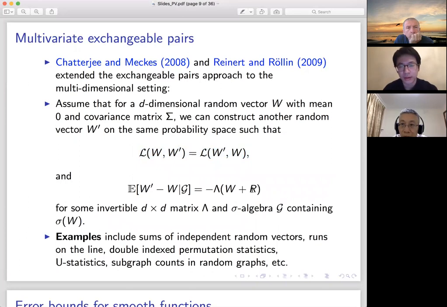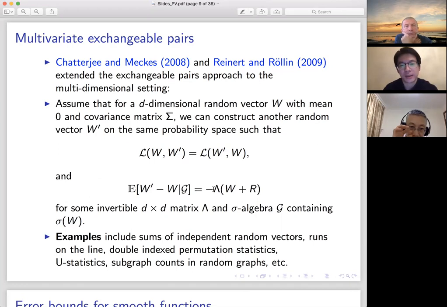And that term may not be an explicit function of W, so they also allow this conditional expectation to be taken with respect to possibly a larger sigma field than the sigma field generated by W. And also this coefficient lambda now becomes a capital Lambda, now assumed to be an invertible d by d matrix.